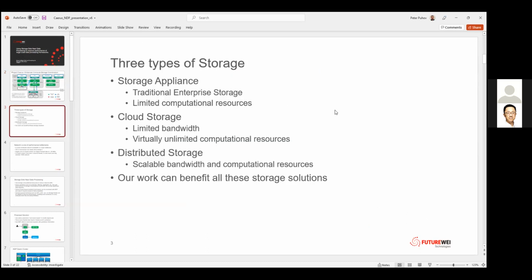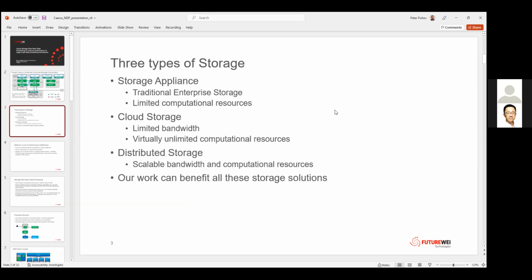Okay, so before we start to talk about our solution, it's important to understand that there are many types of storage. Right now I listed 3, but you can probably imagine any other configuration of storage. The typical one is a traditional storage appliance.